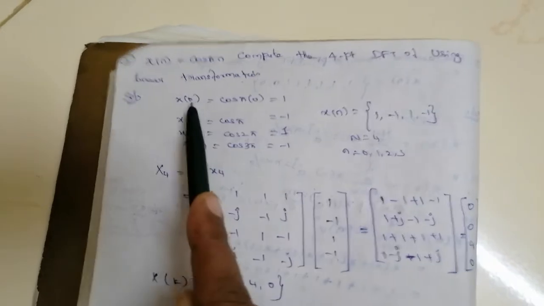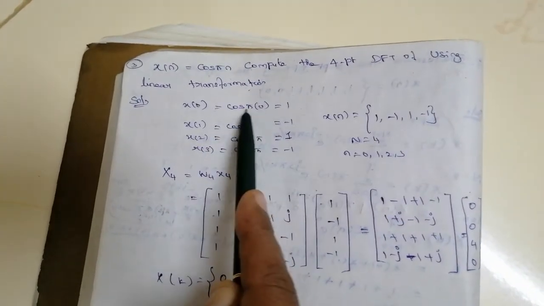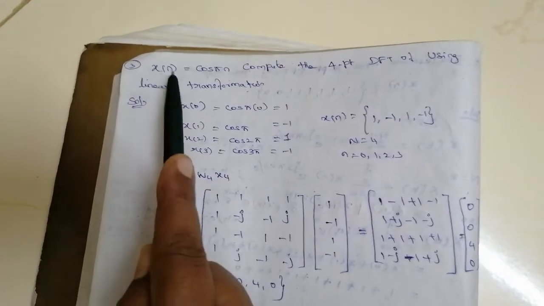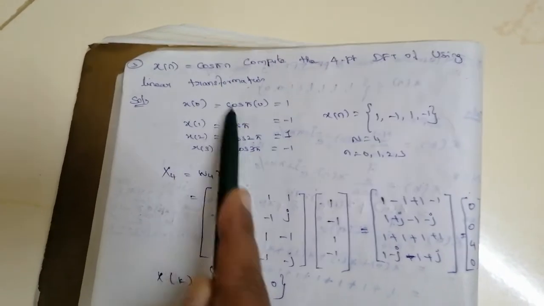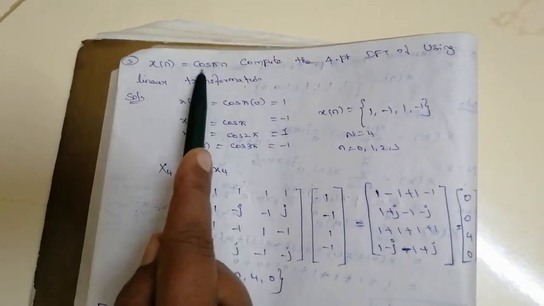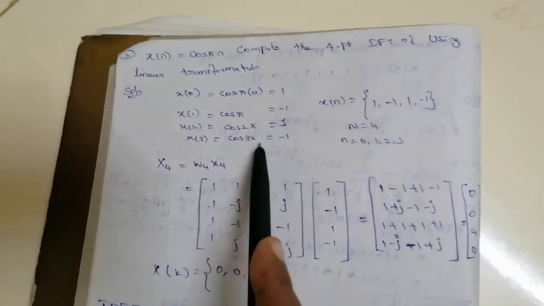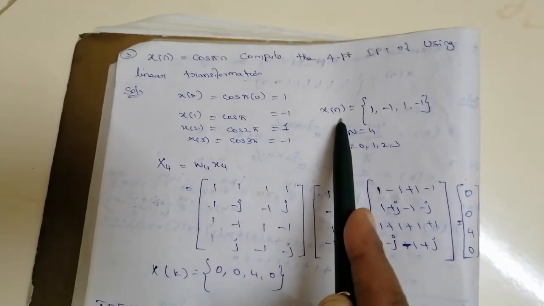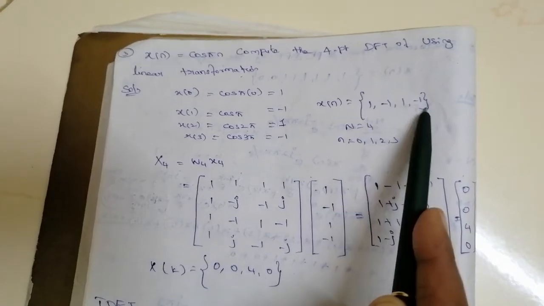Now substitute n equal to 0: cos pi 0, cos 0 value is 1. Then n equal to 1, cos pi into 1, which is nothing but cos pi, and the cos pi value is minus 1. Then n equal to 2, which is cos 2 pi, value plus 1. Likewise cos 3 pi value minus 1. So x of n equal to 1, minus 1, 1, minus 1. So this is our input sequence.